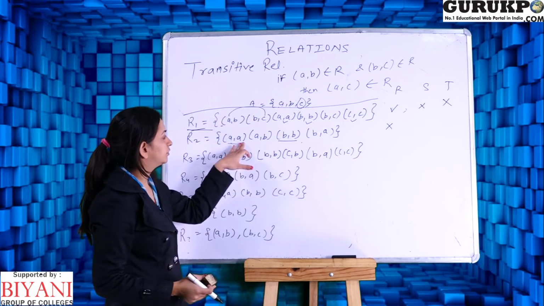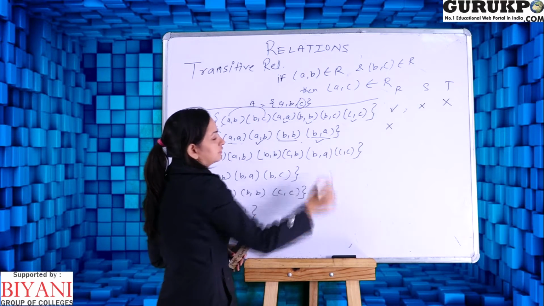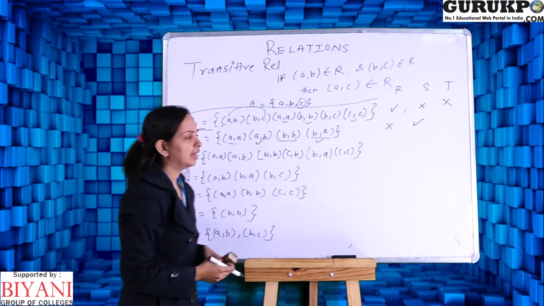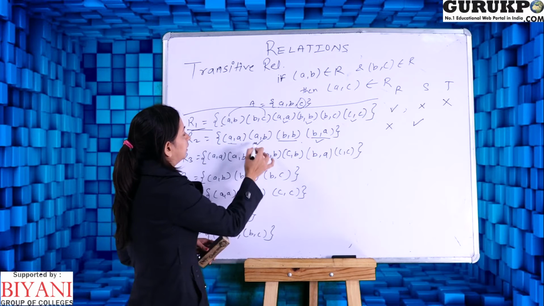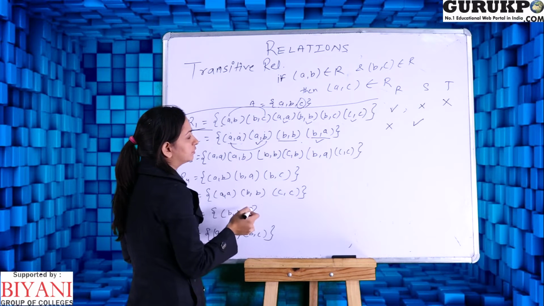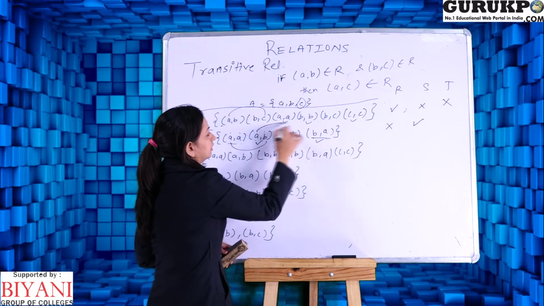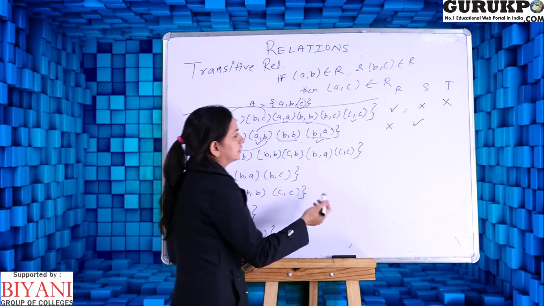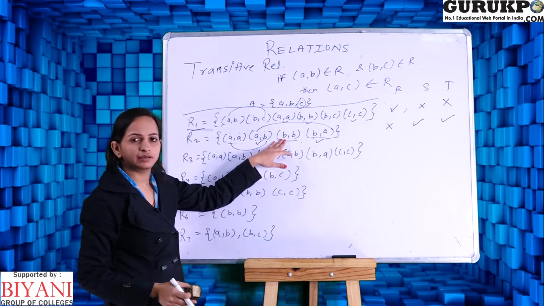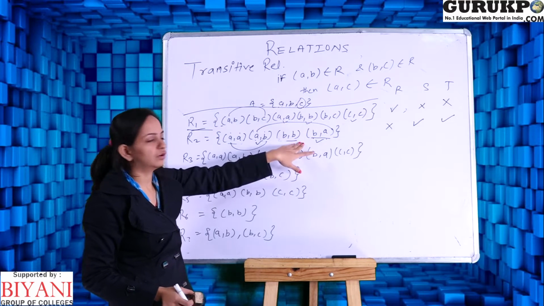For symmetric we have to check AB belongs to R, BA belongs to R. This condition is satisfied, so we can say this is a symmetric relation. For transitivity, if I move to the pair AB belongs to R, BA belongs to R, then AA must be there. So this is a transitive relation. So this relation is symmetric and transitive, but it is not a reflexive relation just because CC is not there.